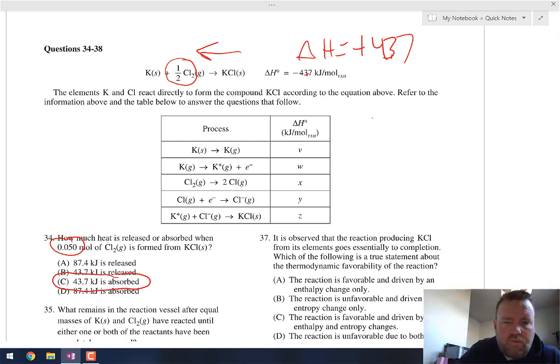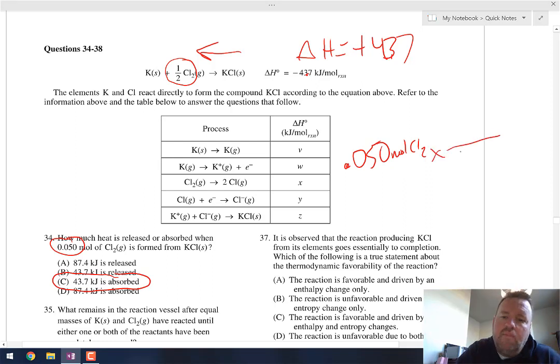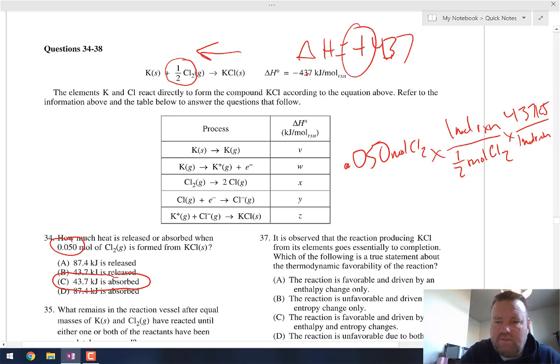Now, mathematically, how could we show this? We could write 0.050 moles of Cl2, and then we can say for every half of a mole of Cl2, there's 1 mole of reaction, and then for every 1 mole of reaction, there is 437 kilojoules, in this case positive because it's reverse.